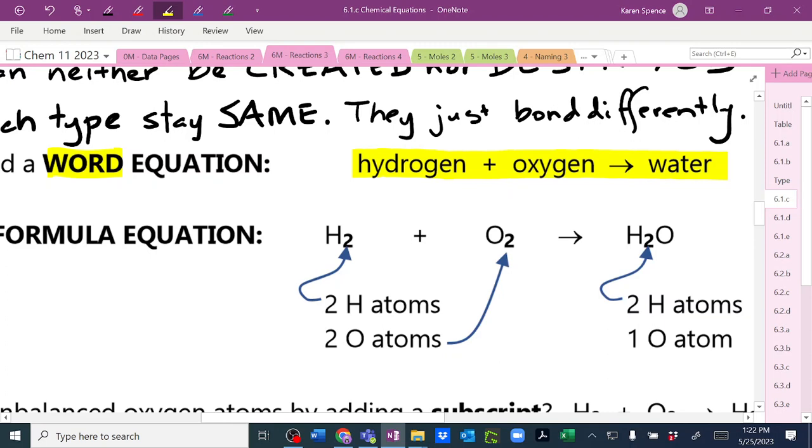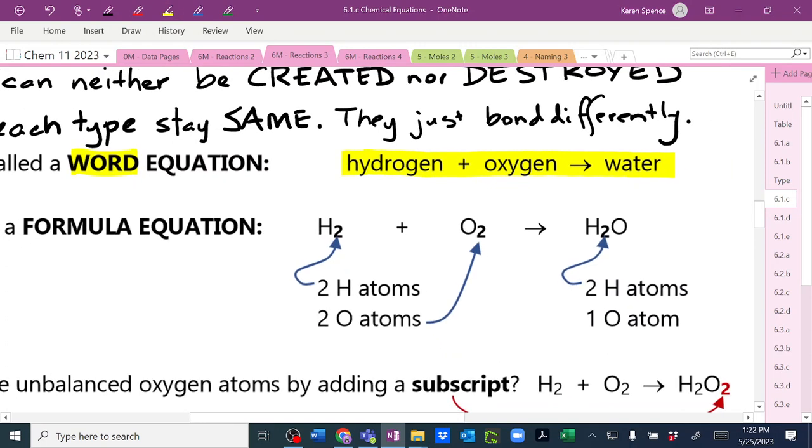We can replace those words with formulas to write the formula equation. Okay, so we now have, instead of hydrogen, H2. Instead of writing oxygen, we write O2, and instead of water, we write H2O.